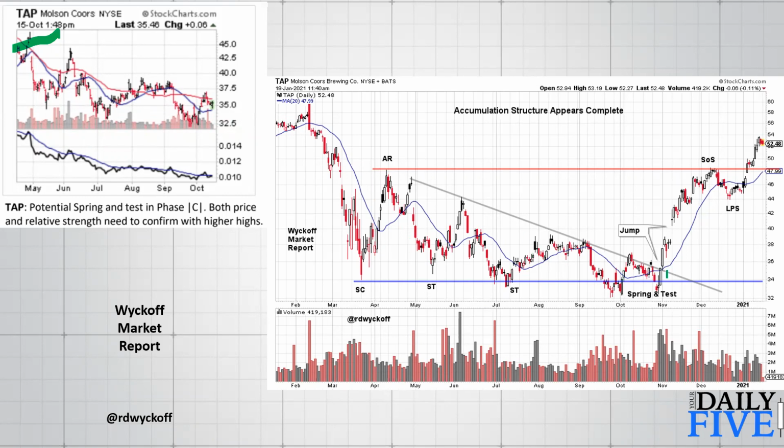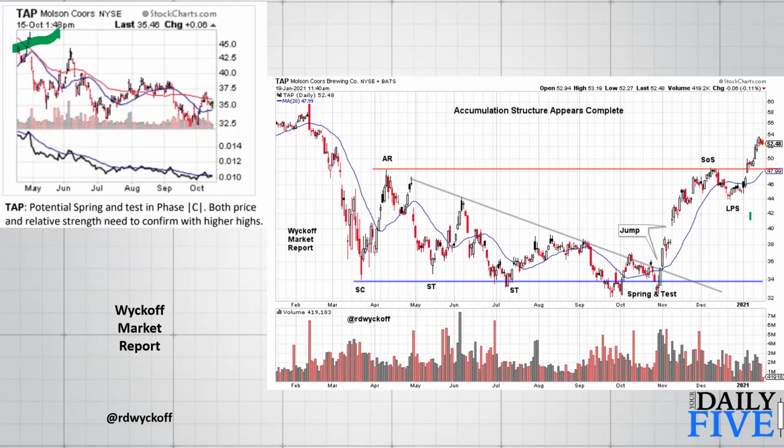This looks like cyclic accumulation here. So you can see the downward move into a spring and a test. Well, classic conclusion to phase C of an accumulation area, and then notice the near vertical ascent up to the resistance area in a sign of strength.